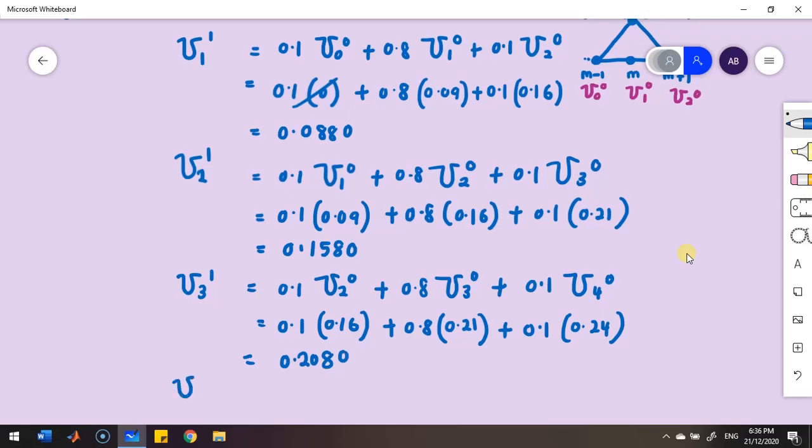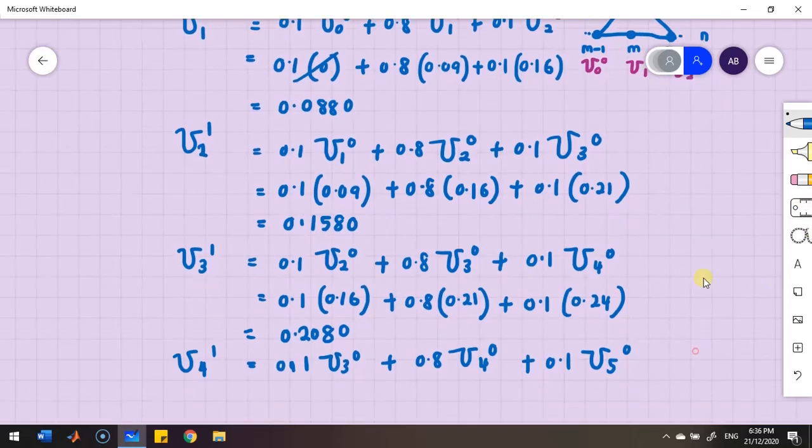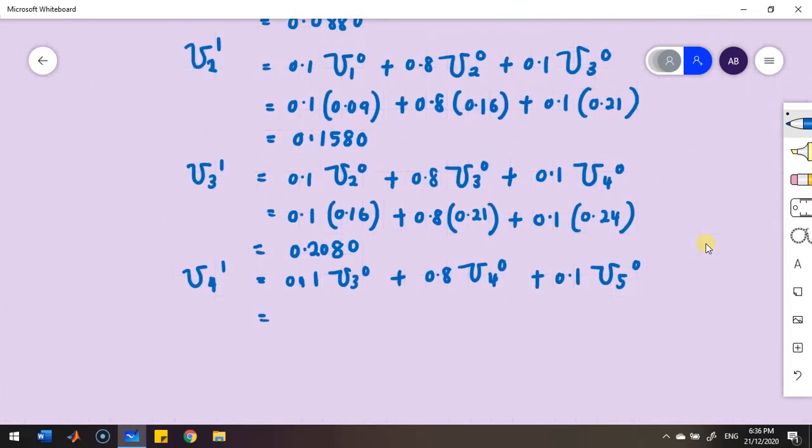Now u41 equals 0.1 u30 plus 0.8 u40 plus 0.1 u50. All this depends on how correctly you're pressing the numbers on your calculator. If you get it wrong, then the rest of your computation will be wrong. Now what is u50?